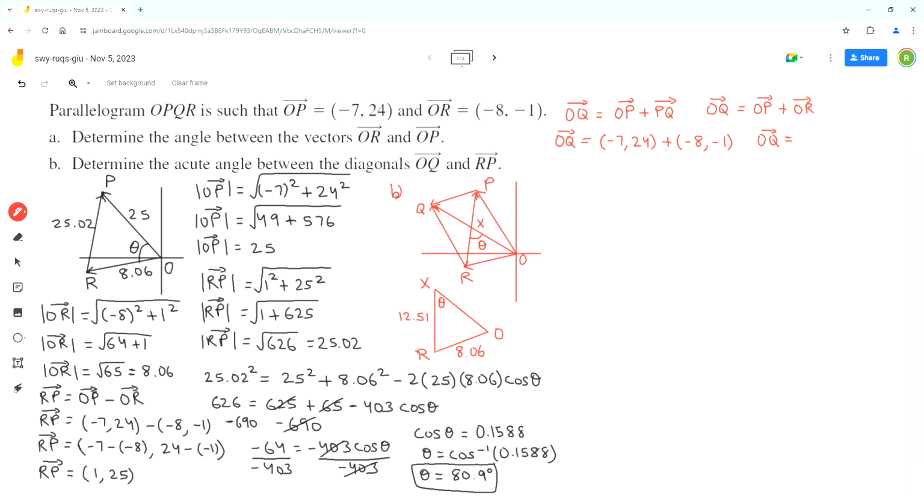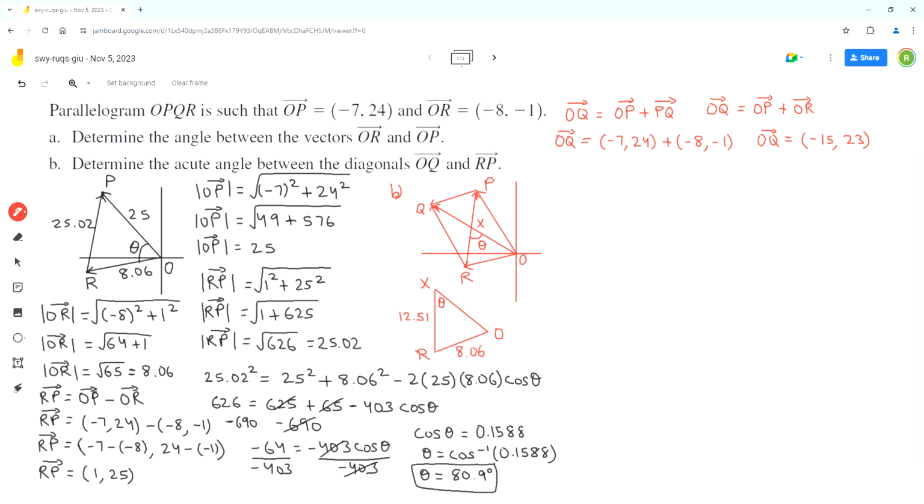Negative 7 plus negative 8 is equal to negative 15. And 24 plus negative 1 is equal to 23. So this is vector OQ.